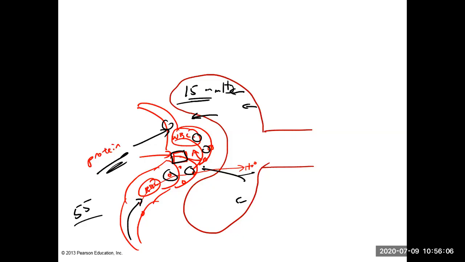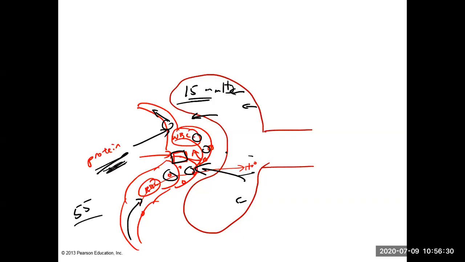This one is 30. In other words, some of the water doesn't want to go; it wants to come back. Why? Because it's pulled towards the solute, which in this case is a lot of proteins accumulating in here. Eventually, these proteins are going to go back to the circulation, so they're not going to stay here, but while the filtrate is forming, they're pulling some of the water back.